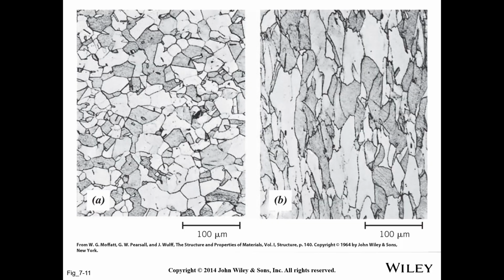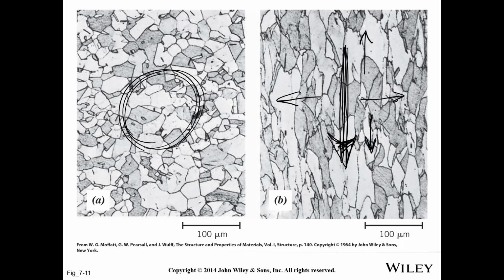If you've got a rolled out plate of something, here's a figure from your book. Over here we've got a fairly uniform microstructure on the left. On the right we've got a rolled microstructure, and you can actually see that the rolling direction is this way now. But the grains have been squished out there. But depending on how, let's say you have a plate of material that's been rolled like this, and you machine out a part in this direction, it's going to have much different properties than in these directions, okay?